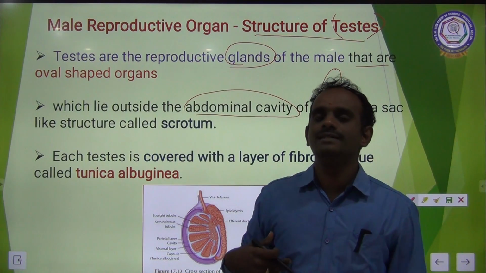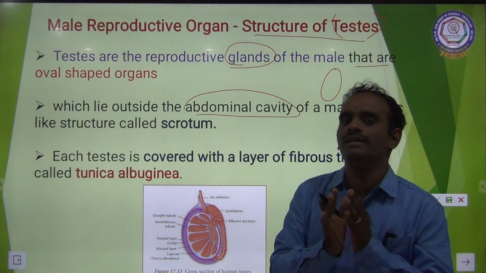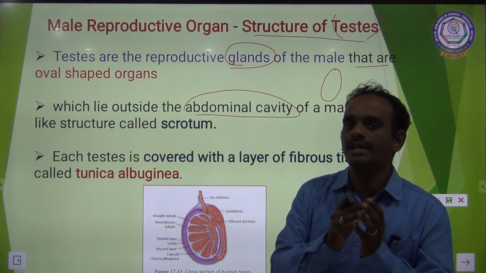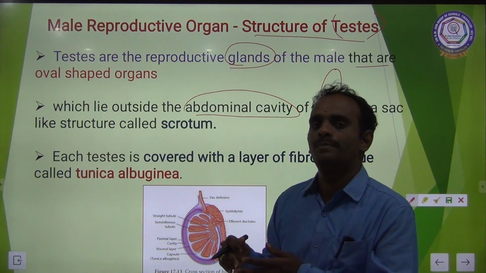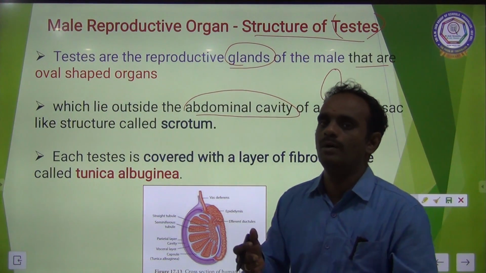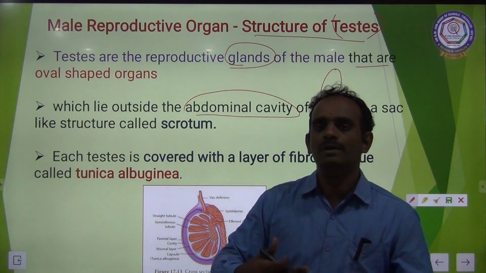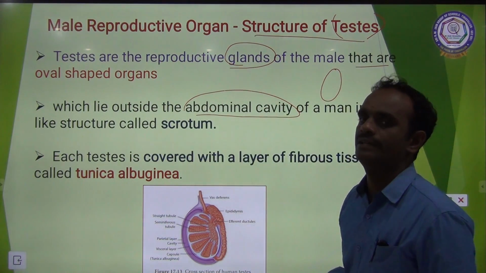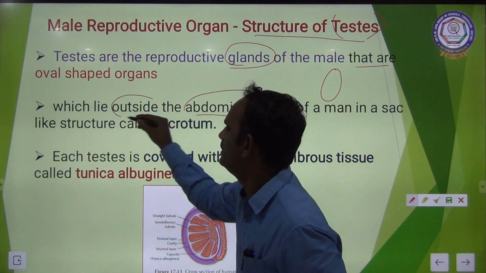Inside the thoracic cavity, the heart and lungs are located. The abdominal cavity is below the stomach, the hip region. So the testis lies outside, which is very important.